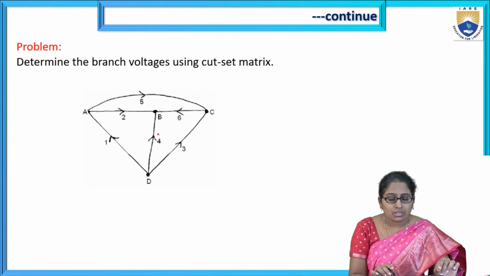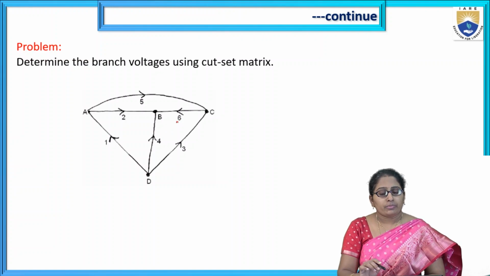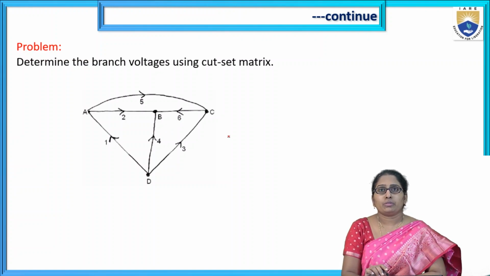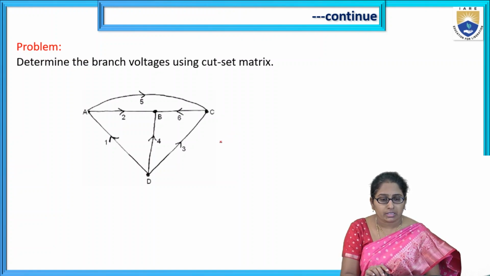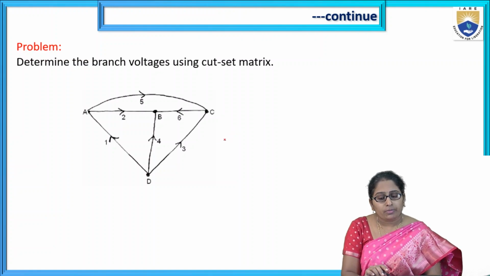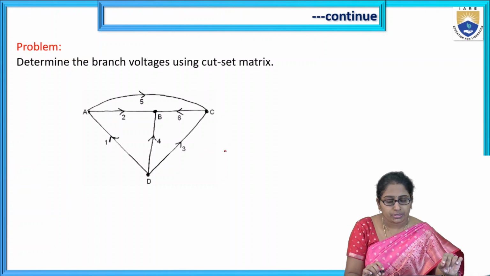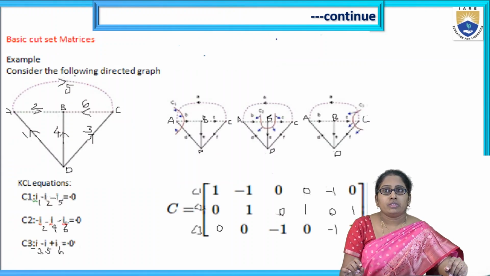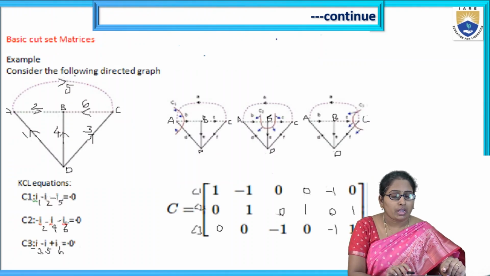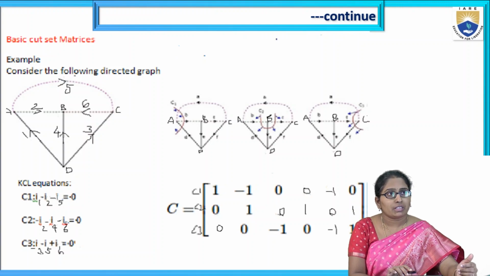According to the question, first we have to find the cut-set matrix for the given graph, and then write down the branch voltages. This is what I have taken: first I considered the tree.